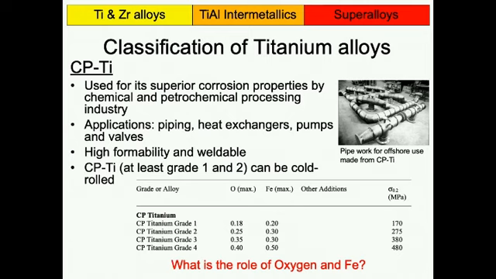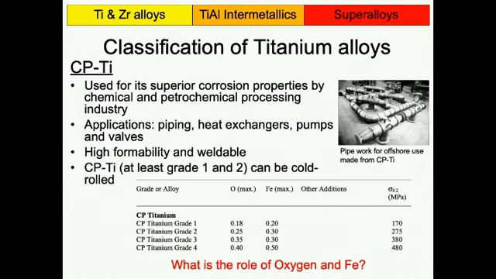You can see here actually how the strength increases. Titanium grade 1 has a proof stress of only 170 megapascal. That's really low actually. But you can also see that, largely down to the oxygen content, by more or less doubling the oxygen content, you more than double the proof stress of the material.